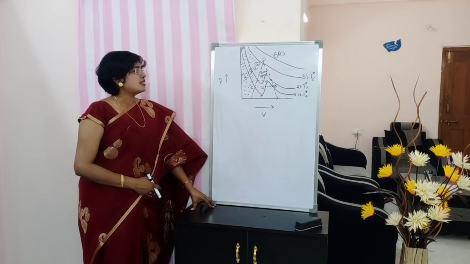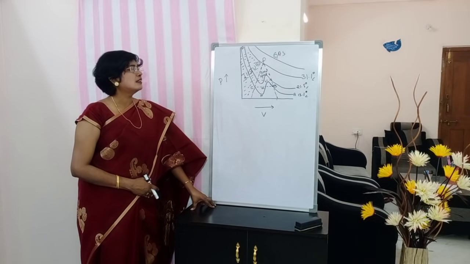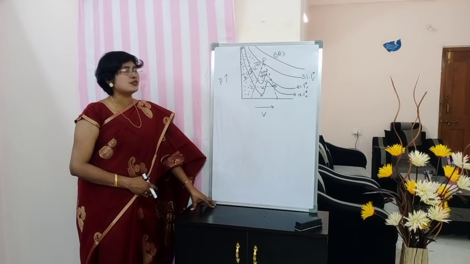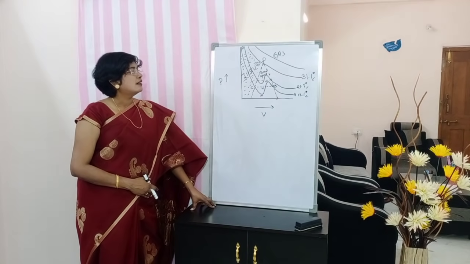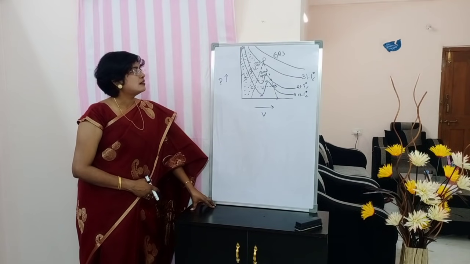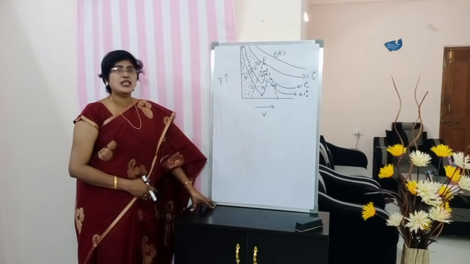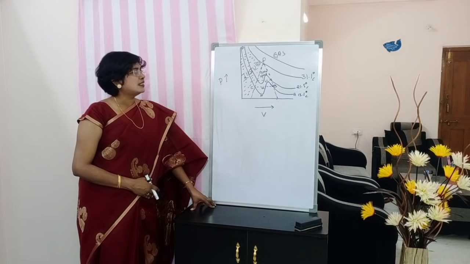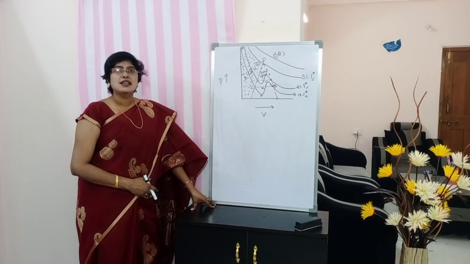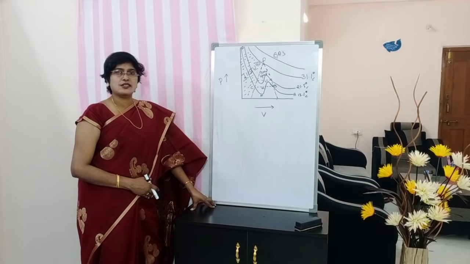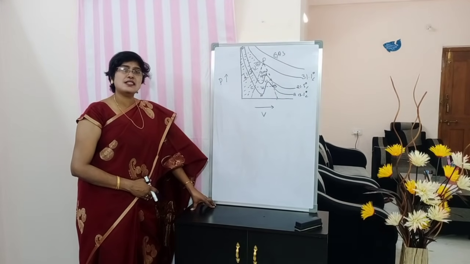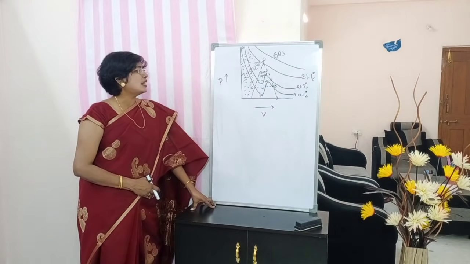The first isotherm ABCD. It's just looking like Andrew's isotherms, isn't it, students? Draw it carefully. And if you notice the difference between Andrew's isotherms and these isotherms, can you notice the difference, students, between the two isotherms?